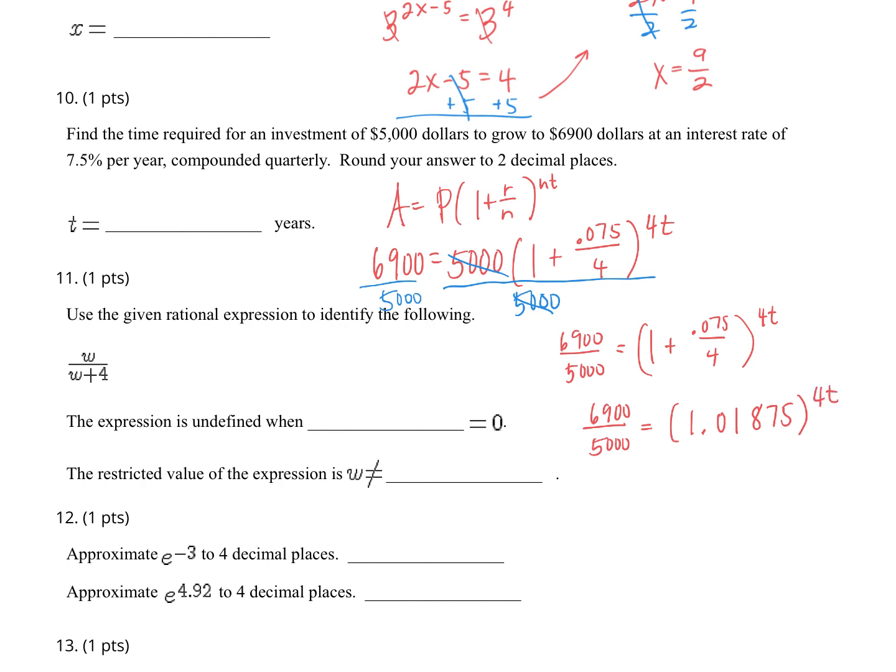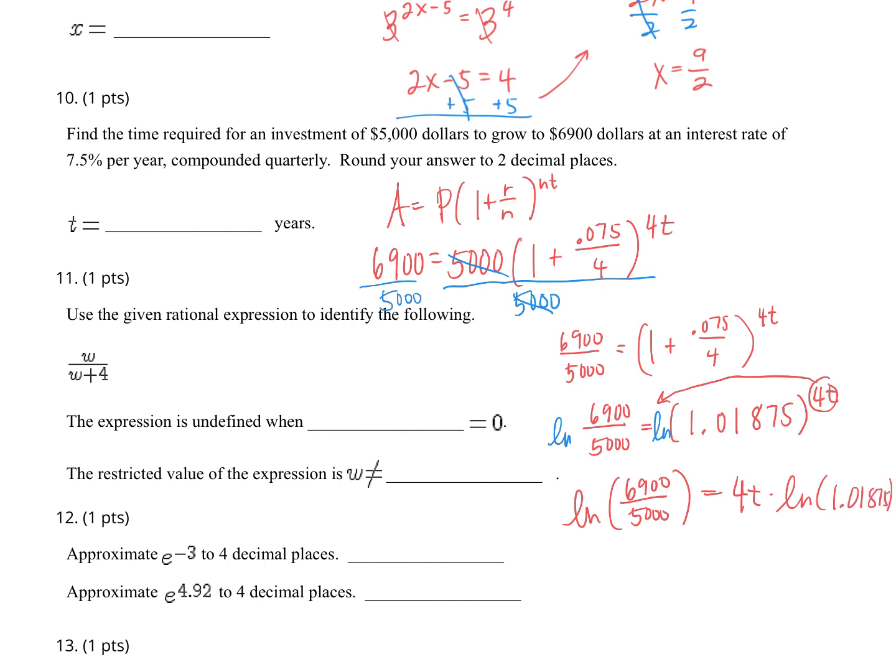Okay, so now I want to get that exponent down. So I could take the natural log of both sides or a regular log, it doesn't matter. So this would bring this down in front. So this would be the natural log of 6,900 over 5,000 is equal to 4t times the natural log of 1.01875.